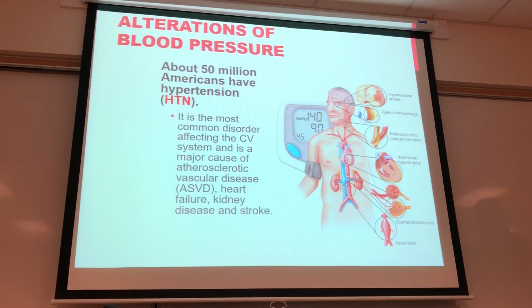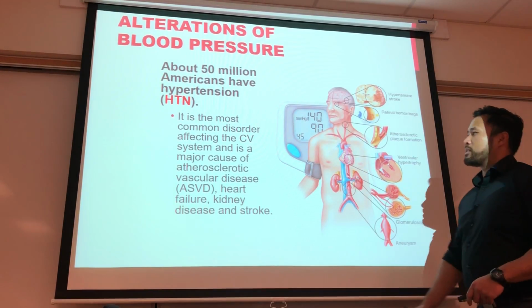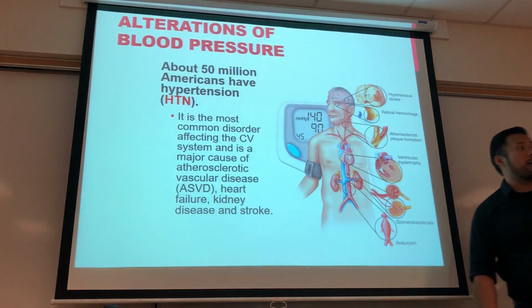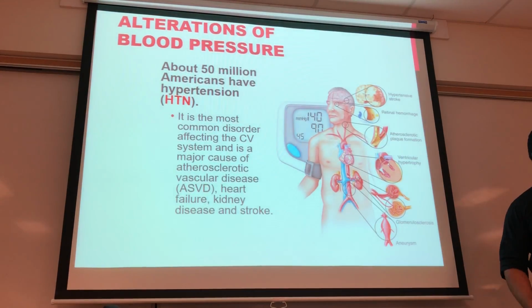Because as you start to see, it'll cause a whole host of other things where you have edema as an issue. We can start to see the emergence of atherosclerotic vascular disease if you have high blood pressure, right? Think about high blood pressure.